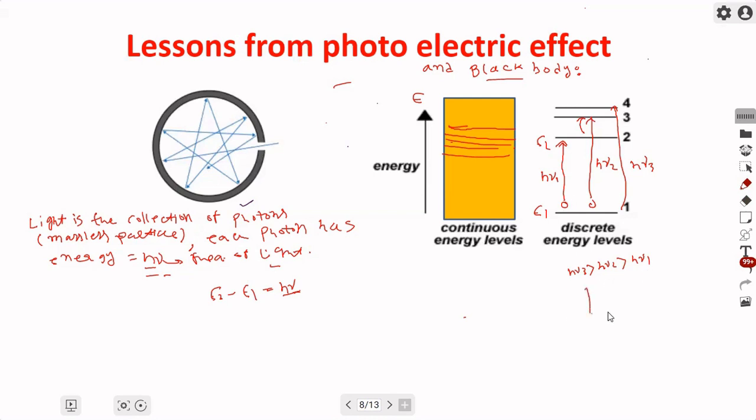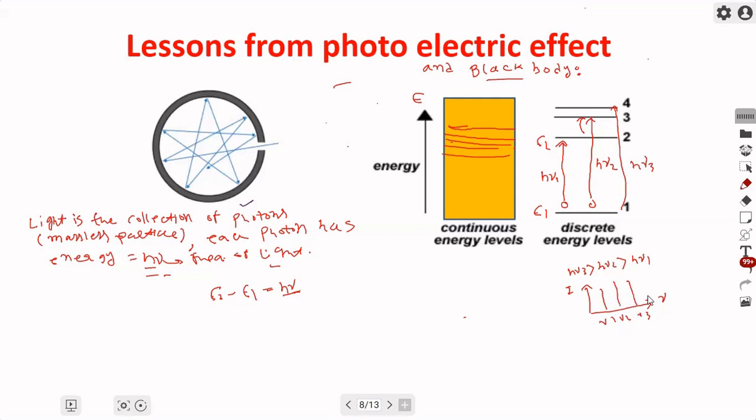So what we will see, if we plot intensity versus frequency, is only these 3 discrete values: nu1, nu2, nu3. In between nu1 and nu2, no values are allowed. In between nu2 and nu3, no values are allowed.